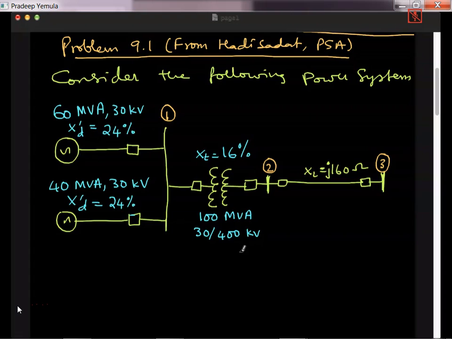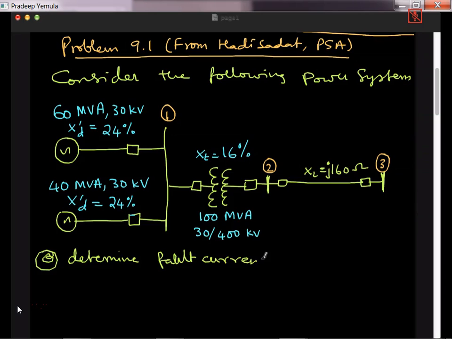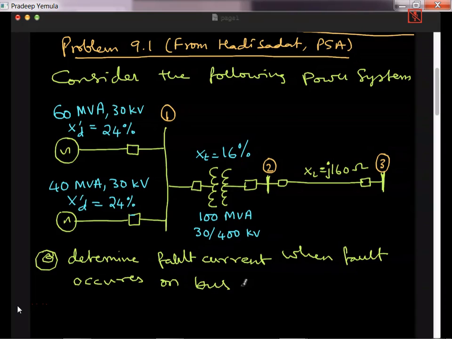So what is the question? So the question is like this. Determine fault current when fault occurs on bus 2 or bus 3.